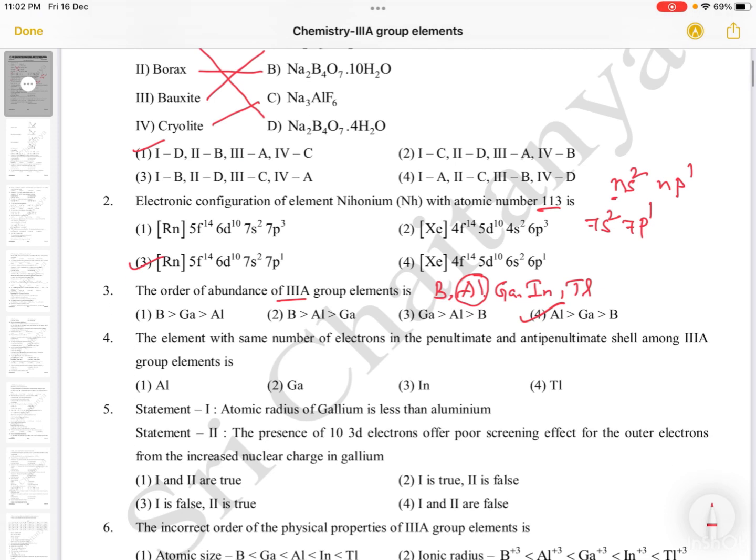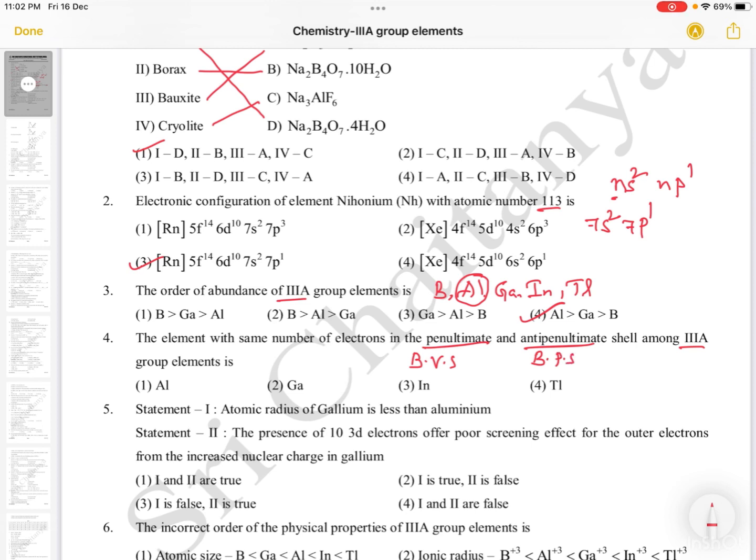Next, the element with same number of electrons in the penultimate and anti-penultimate shell among the third A group elements is. So penultimate shell is nothing but before valence shell is called as penultimate shell, and before penultimate shell is called as anti-penultimate shell.